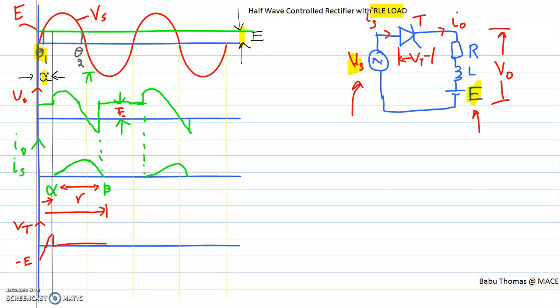Then it again goes in the reverse direction, and Vm plus E is the maximum voltage that will appear across your thyristor.